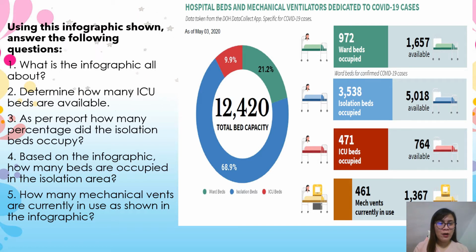For number 4, based on the infographic, how many beds are occupied in the isolation area? And for number 5, how many mechanical vents are currently in use as shown in the infographic? Are you done? Very well. Good job in your first activity.